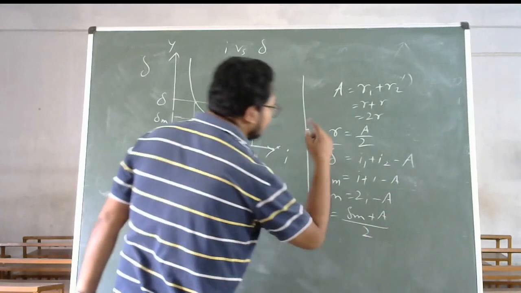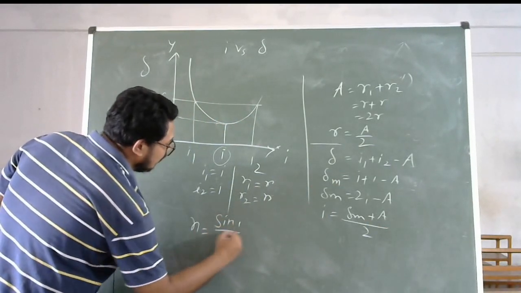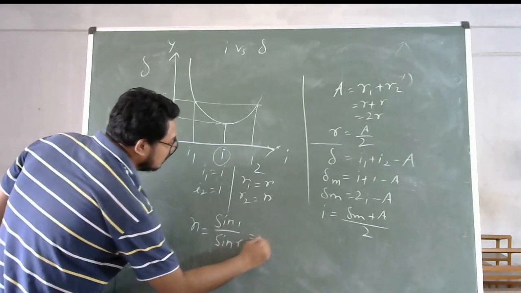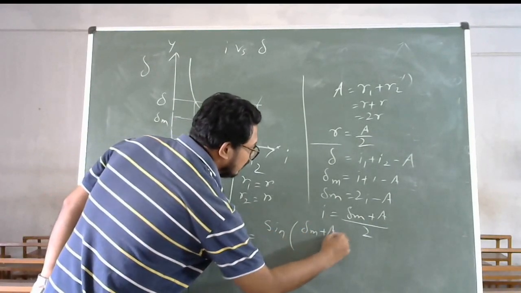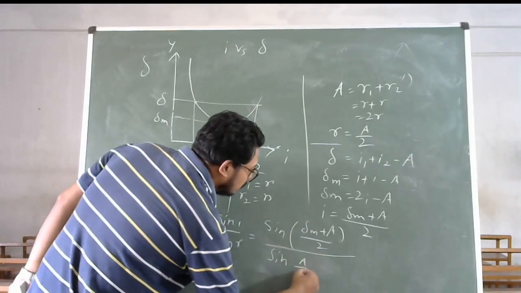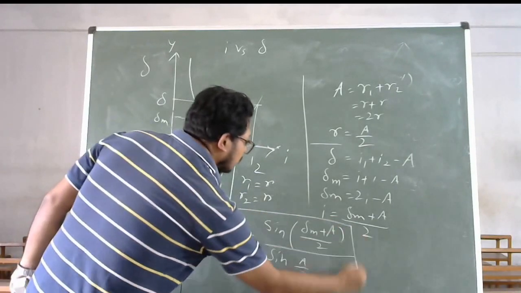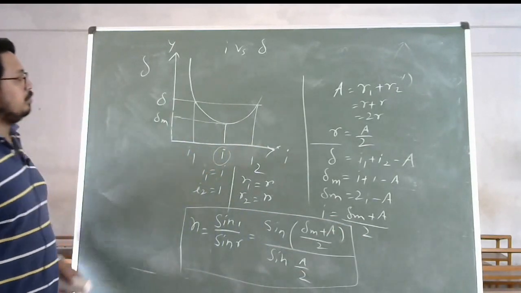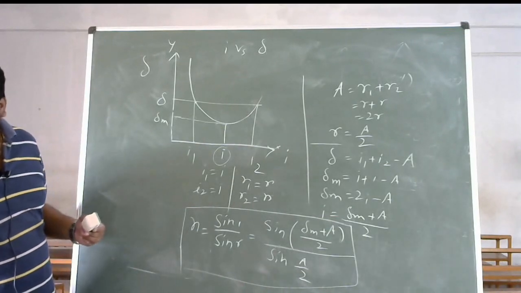If you substitute this value in the formula, n equals sin I by sin R, the formula becomes n equals sin of (delta M plus A) divided by 2, by sin A by 2. This derivation is to come in the exam. Clear? This derivation is to come in the exam. This is a very important one.